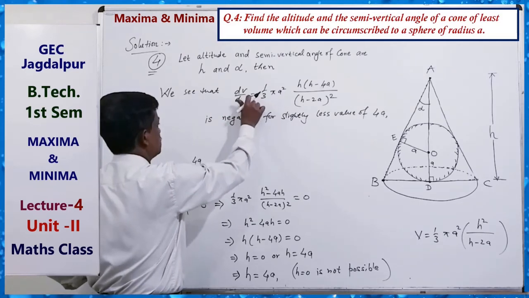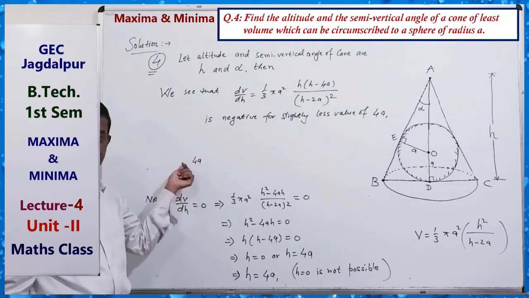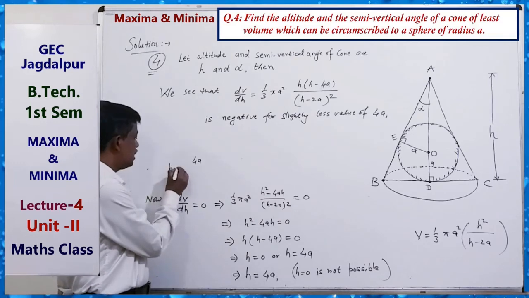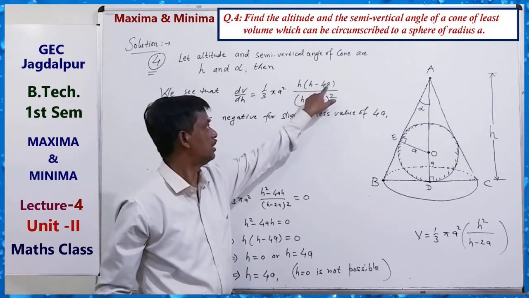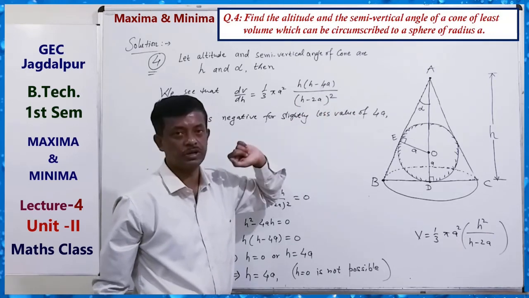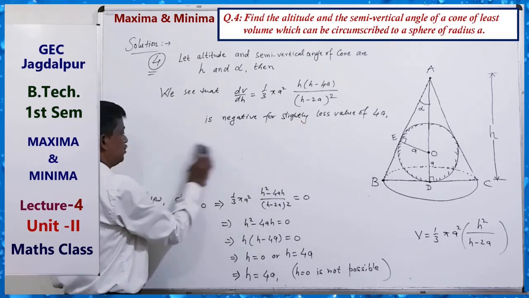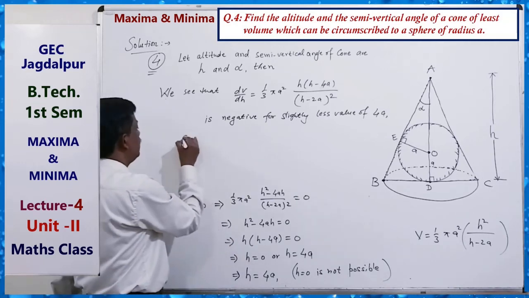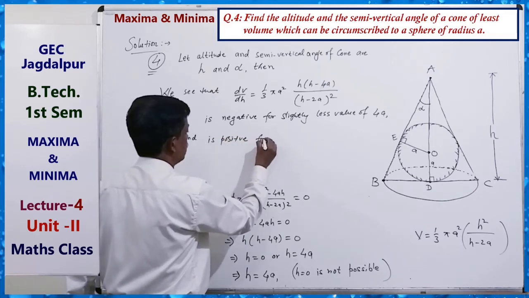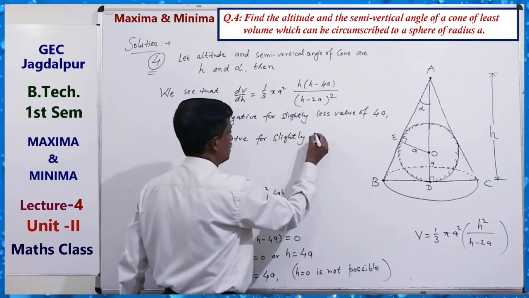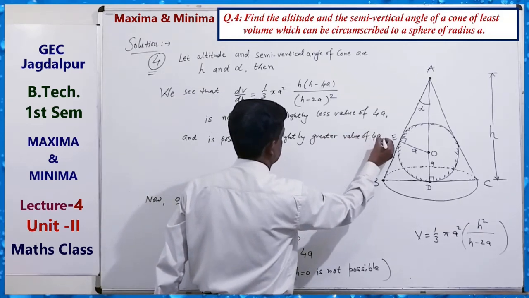The first derivative is negative because h is just less than 4a, so this value is less, and the denominator is always positive because it's a square, so the negative value makes it negative for slightly less value of 4a, and positive for slightly greater value of 4a.